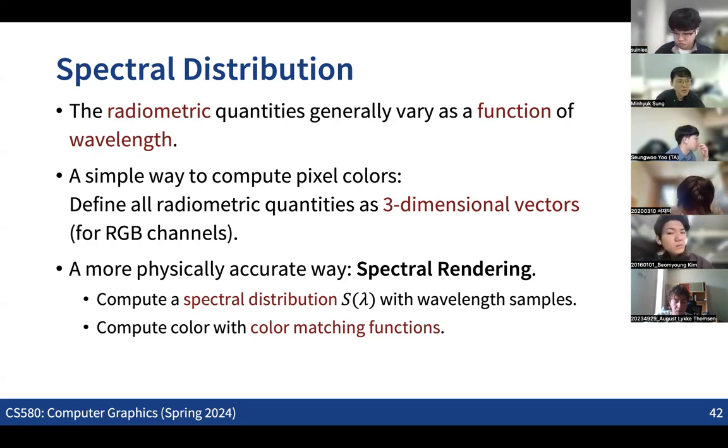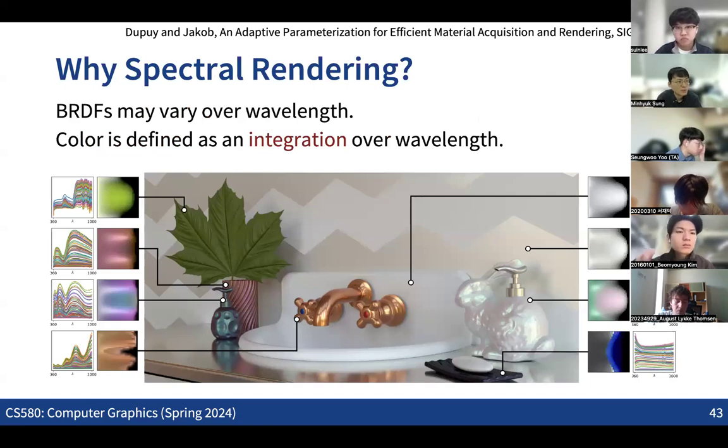Then the question might be: why do we need to do spectral rendering? As we have seen in the previous lecture, the BRDF function can vary depending on the wavelengths. We have also seen that many things, like the Fresnel coefficient, can change depending on the wavelengths.